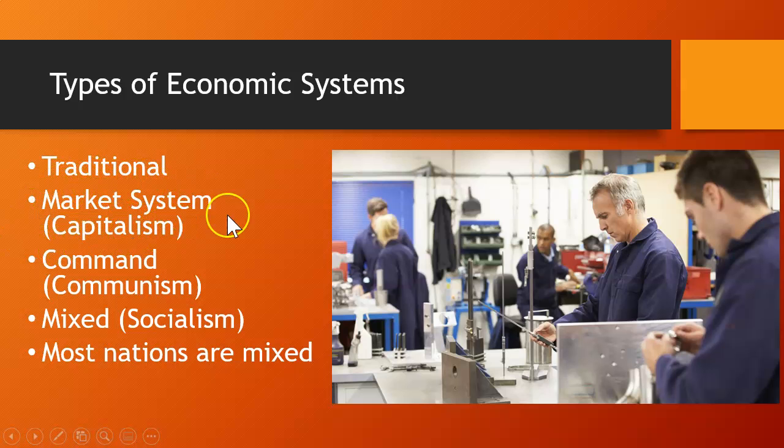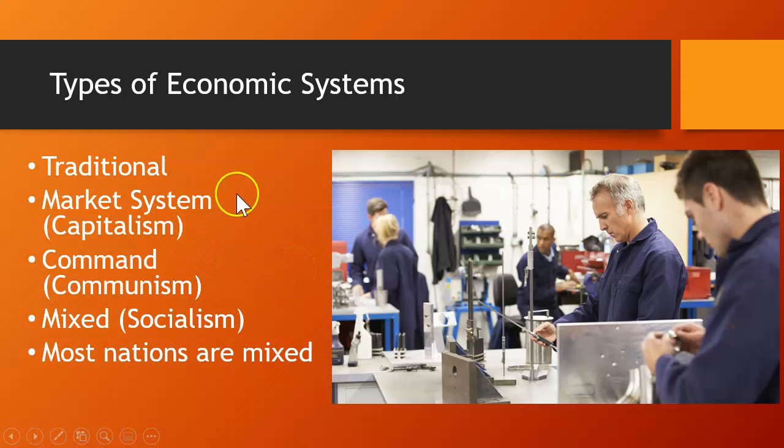There's a market system, capitalism, which is what we have in the United States. You get to make your own economic decisions. What you buy, what you sell, the job you have, all that is depending on what you want. Okay, your needs. You make those decisions. Versus a command economy, communism, where the government makes decisions for you.